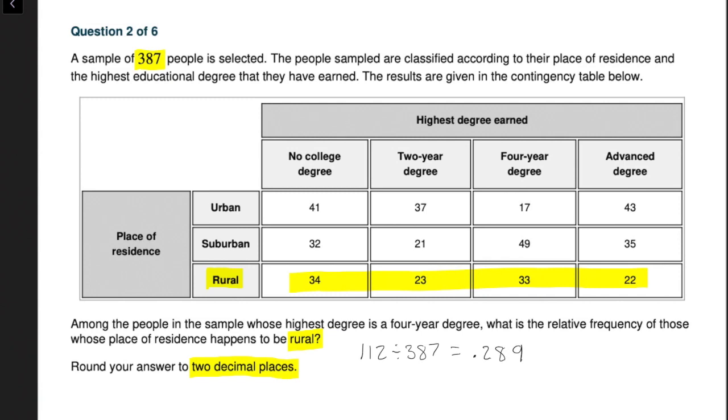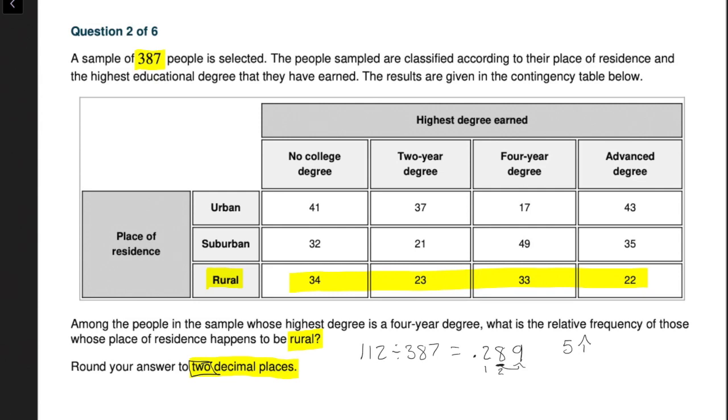0.289. Okay, our answer said they wanted us to round to 2 decimal places. So here's 1, here's 2 decimal places. Okay, so this is the number I want to stop at. Now I'm going to look at the number after. If the number is 5 or higher, that means I'm going to change my second decimal. It's going to go up.